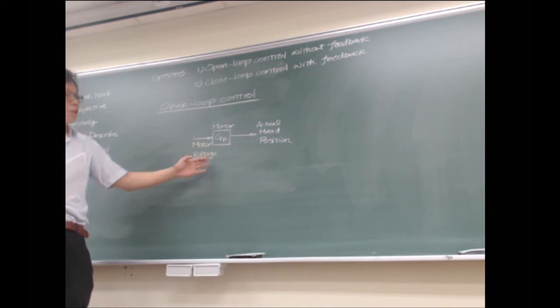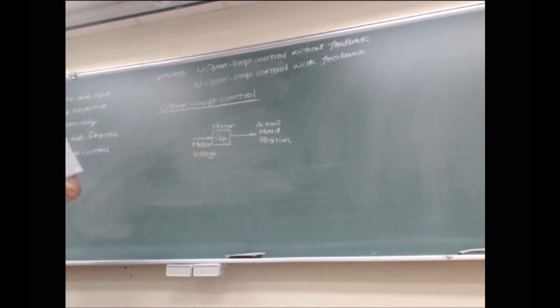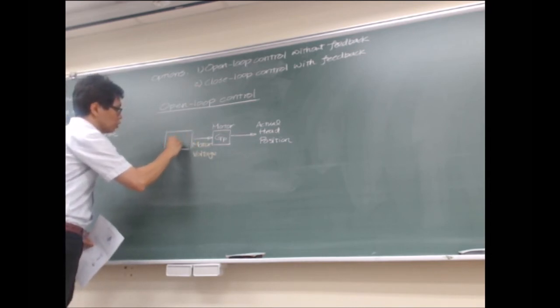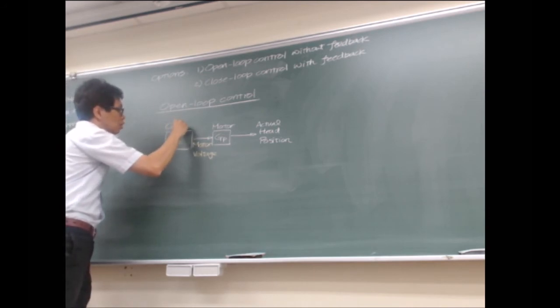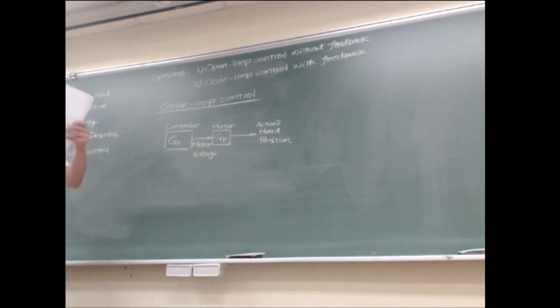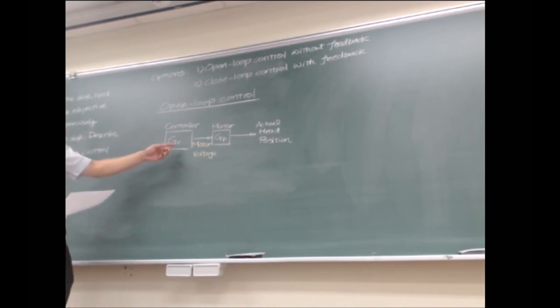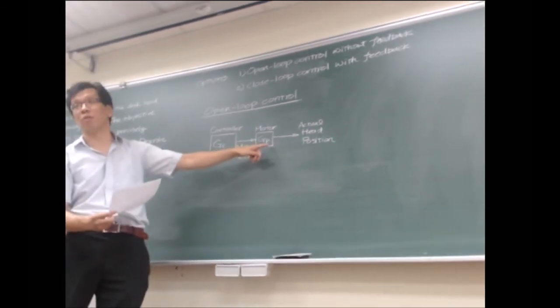So in order to have your head located at a specific location, you need to have a controller. This one over here is going to generate a control command, which is voltage, that is going to be sent to your motor.